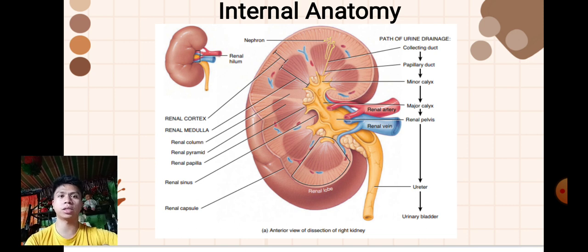They are just adjacent to each other, the renal cortex and the renal medulla. And we have also other parts: the renal column, the renal pyramid, the renal papilla, renal sinus, and renal capsule. All of those we're going to discuss later on.